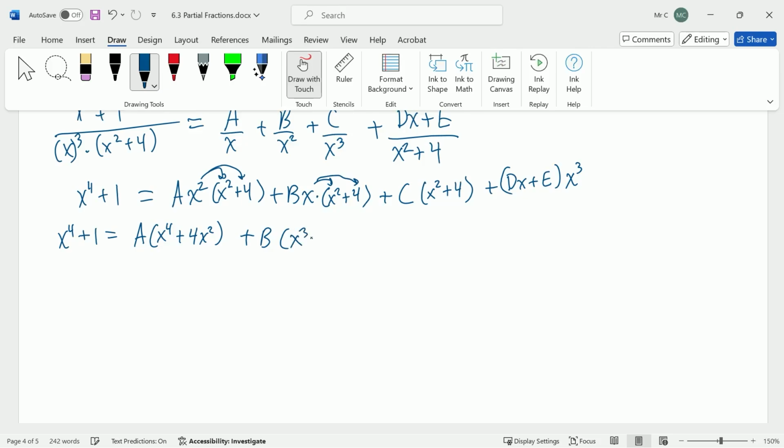I get x cubed plus 4x. And I don't have to do anything to that x squared plus 4 here, but I'll go ahead and distribute the c to both terms in this step. So I get cx squared plus 4c. Plus, and same thing here, I got to distribute this x cubed. So we get dx to the fourth plus ex cubed.